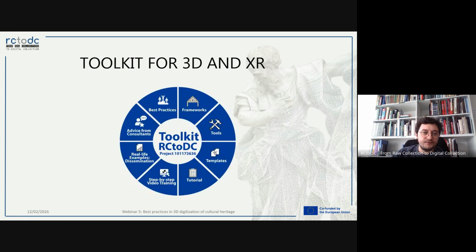Let's start. Today we will explore practical approaches for digitization based on our RCtoDC 3D and XR toolkit. The 3D and XR toolkit for cultural heritage is a core component of the RCtoDC project, designed to support cultural heritage institutions in their digitization efforts.